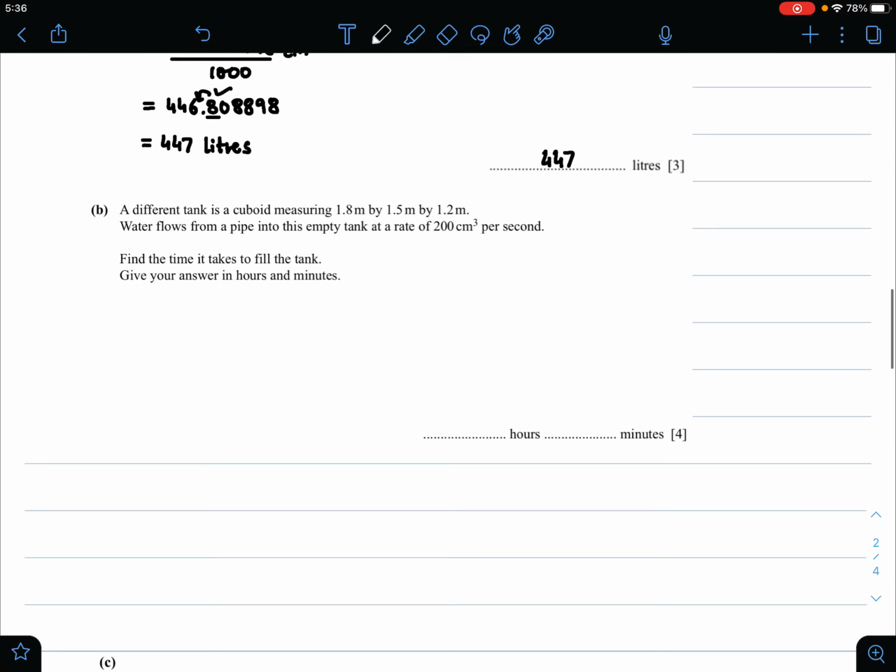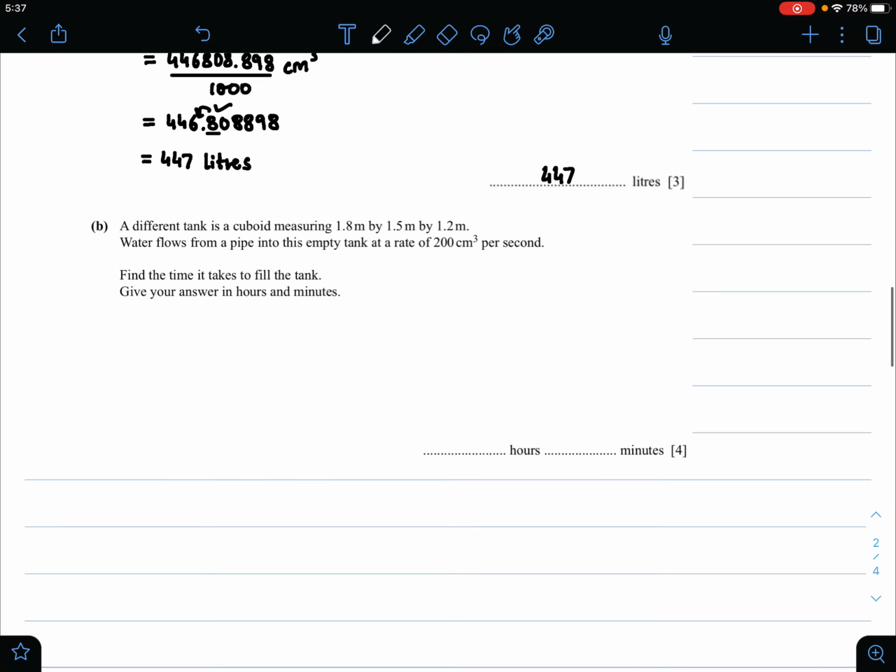Now let's move to part B of this question. So for part B, they are asking us to find the time it takes to fill the tank. Now to do that, first let's calculate the volume of the tank, which would be 1.8 multiplied by 1.5 multiplied by 1.2.